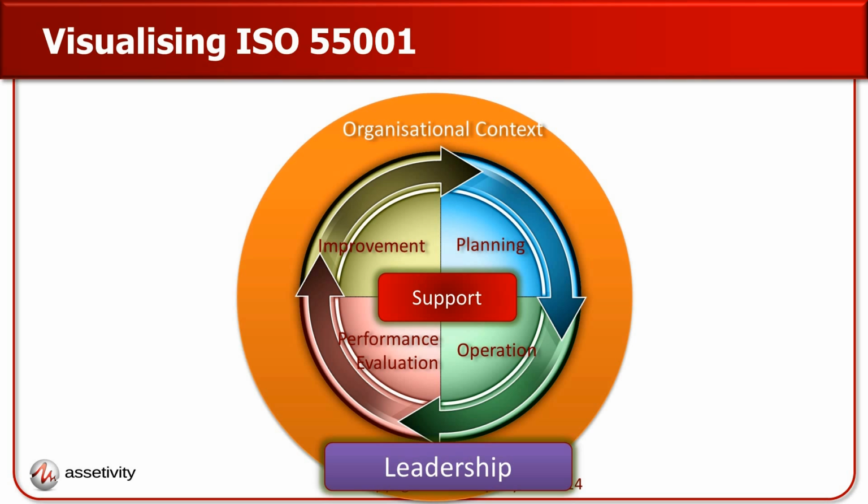What we really see in this document is the standard plan, do, check, act cycle, so planning, operation, performance evaluation, improvement, within a particular organisational context that is supported and driven by leadership, but also has the necessary support processes and support elements in place to ensure that those particular activities are done well. So let's examine each of those areas in a little bit more detail.